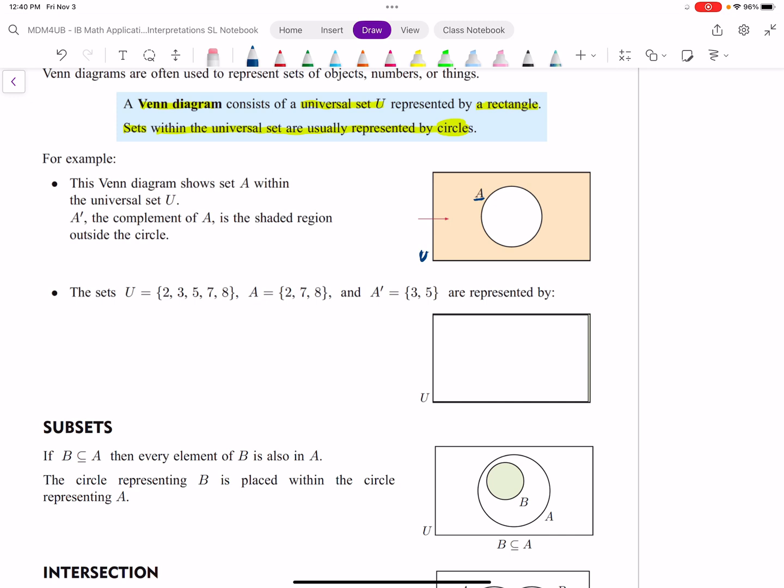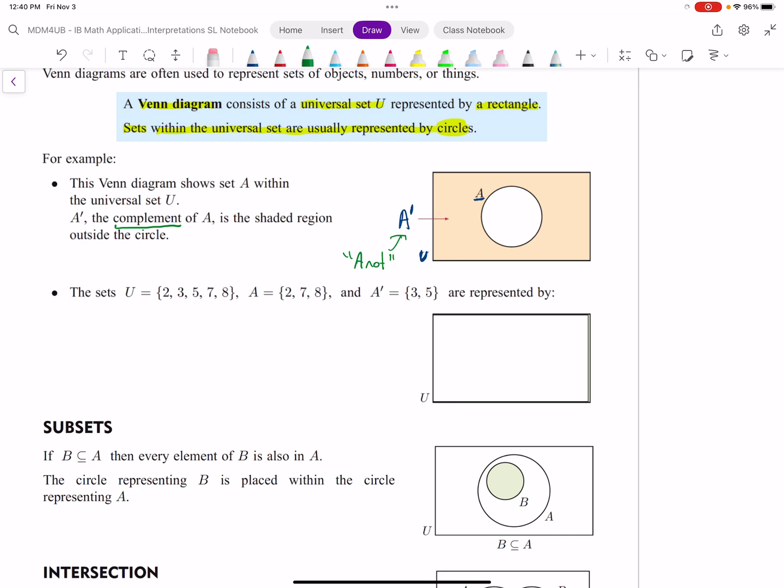Everything that is not A is represented outside of the circle A, and it's given this A prime. This is A naught, pronounced A naught, which is the complement. So everything that A isn't, and it's the shaded region here. So everything that A isn't.